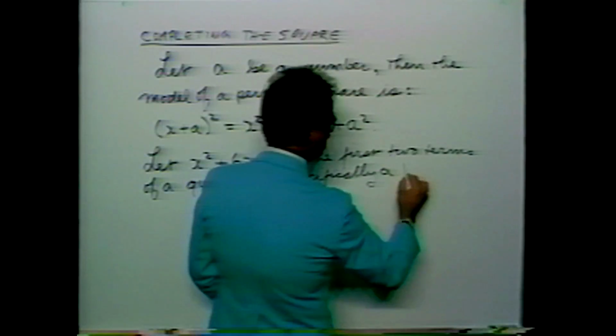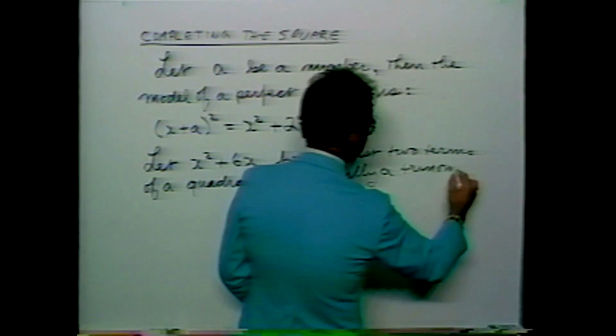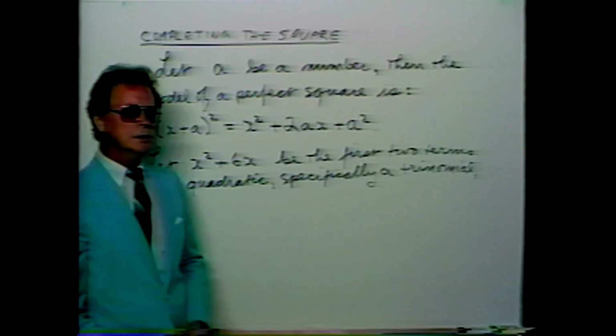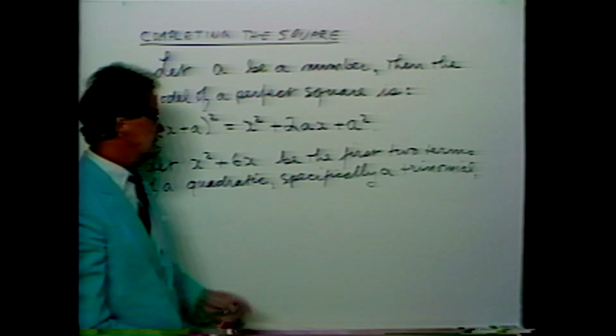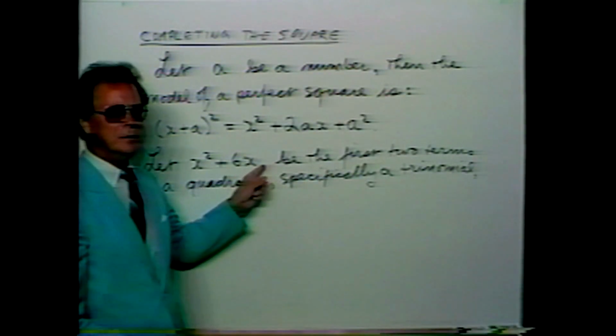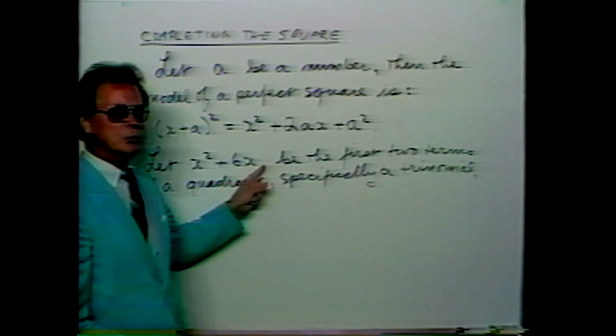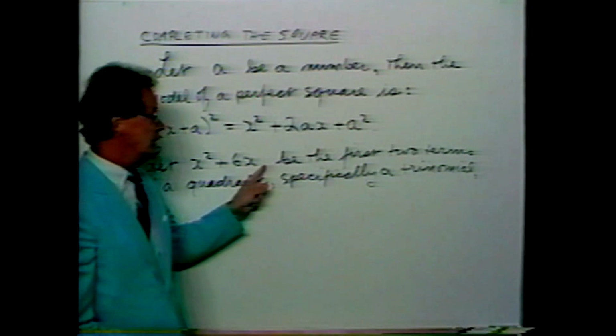If x squared plus 6x are the first two terms of the quadratic, specifically a trinomial, what would the absolute term or the third term have to be for the quadratic to be a perfect square?